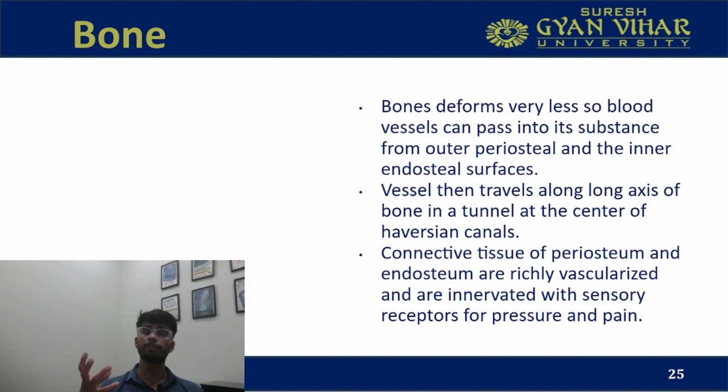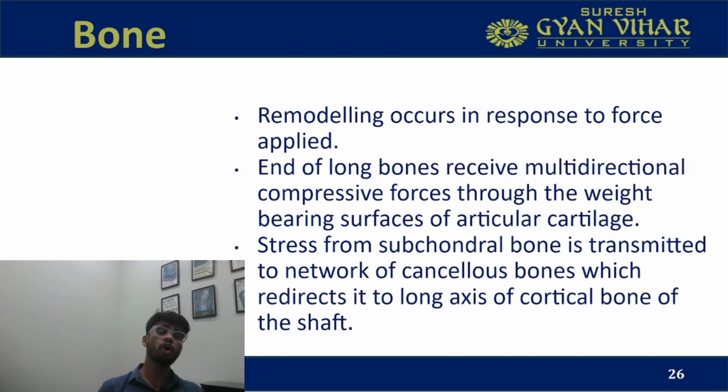There is a pulling of the periosteum by the muscles of the leg. This creates immense pain in the patient, because this layer is richly supplied by the nervous system. So you must know that the periosteum and endosteum are richly vascularized and innervated with sensory receptors for pressure and pain.